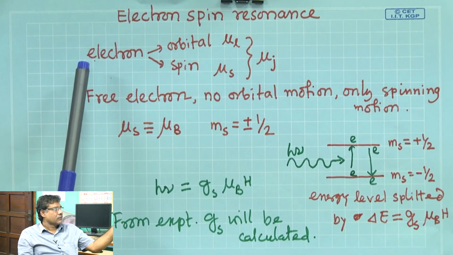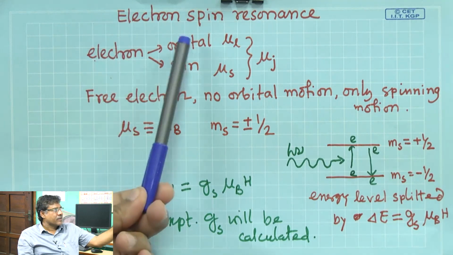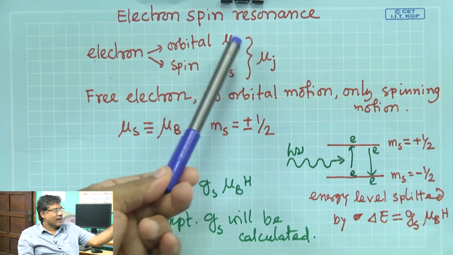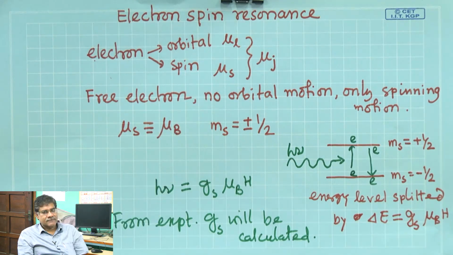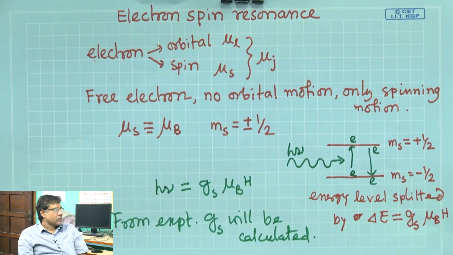We will consider only spin for this class, only the spin of an electron. An electron has orbital motion as well as spinning motion. So mu L is the magnetic moment for orbital motion and the corresponding magnetic moment for spin is mu S, and together it will be mu J. For a free electron, there is no orbital motion, only spinning motion.